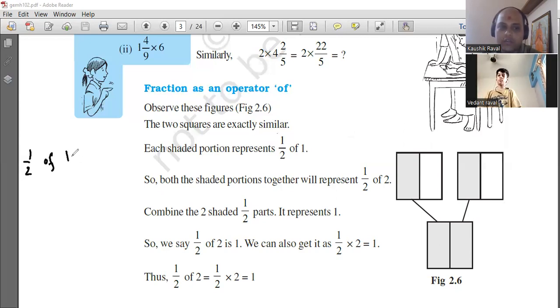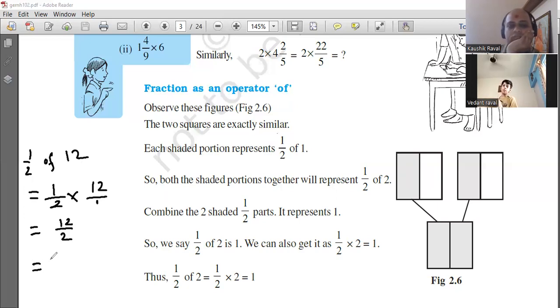So when I say 1/2 of, let's say 12, what will be the answer? 1/2 of 12. So what do you do? 1 by 2 multiplied by 12 by 1, which is 12 by 2. This is simple division, no? 12 divided by 2.